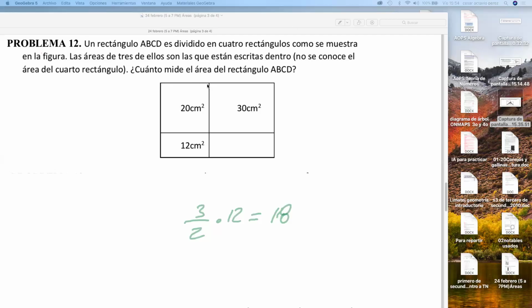We're going to call this X, and we're going to call this Y. This will be Z, and this will be P. So if we don't know those two, we know that X times Y, X times Z, and this will be Z times Y, and this will be PX, and this will be PY. Okay?